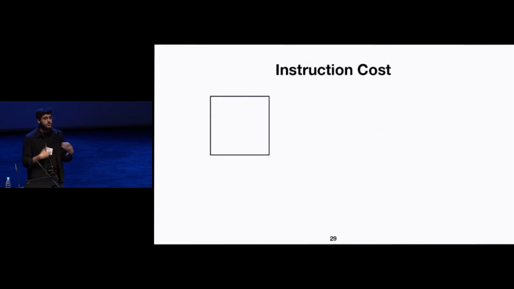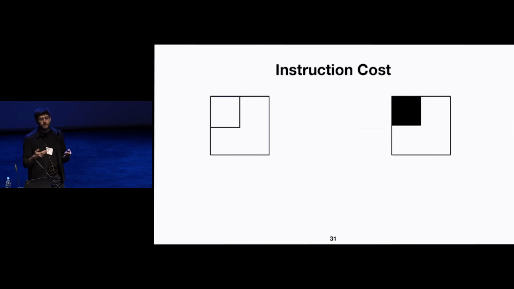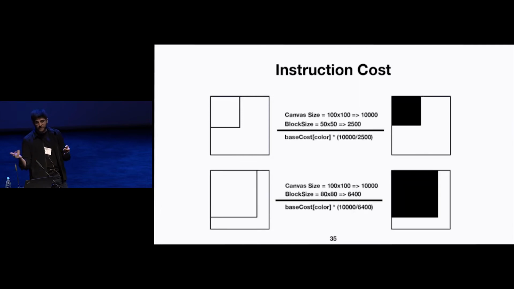Each instruction has an associated cost, and that cost is inversely proportional to the size of the block. So when the block is larger, the cost is lower. The participants must resist the urge to do exact paintings. They must stay at some level of blocking so that the solution doesn't exponentially grow.